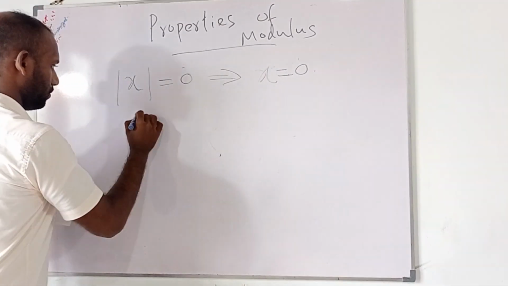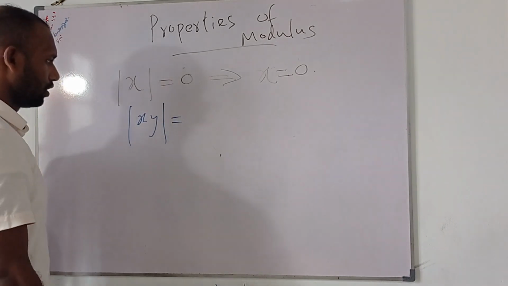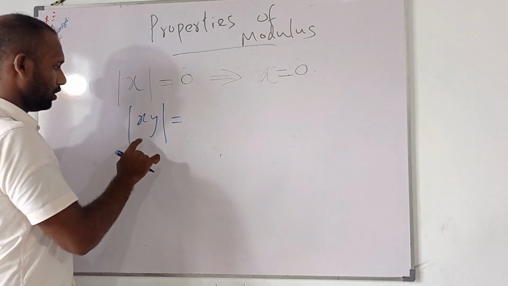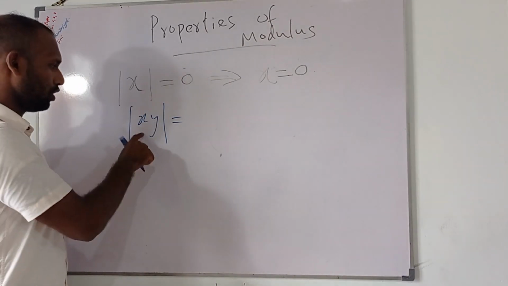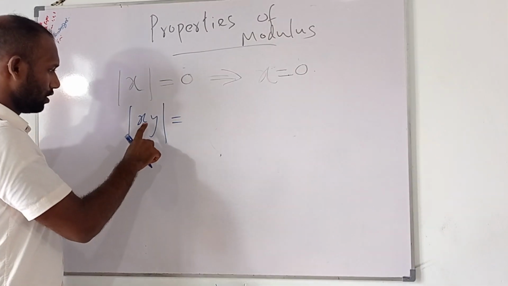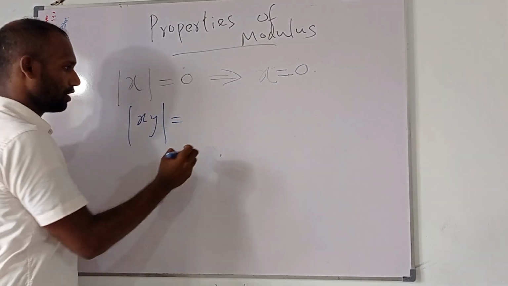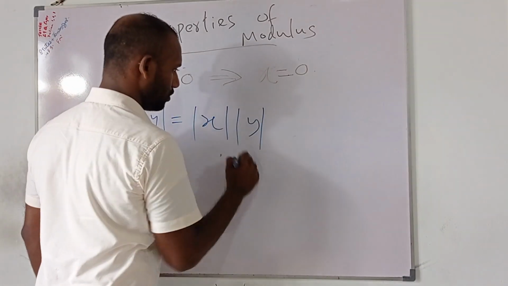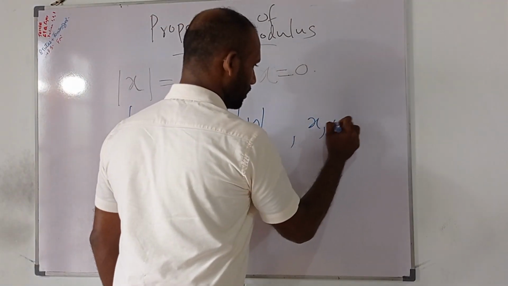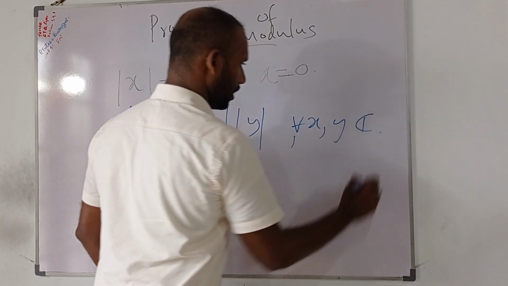Then if x and y are complex numbers, the modulus of xy equals modulus of x times modulus of y, where x and y are complex.